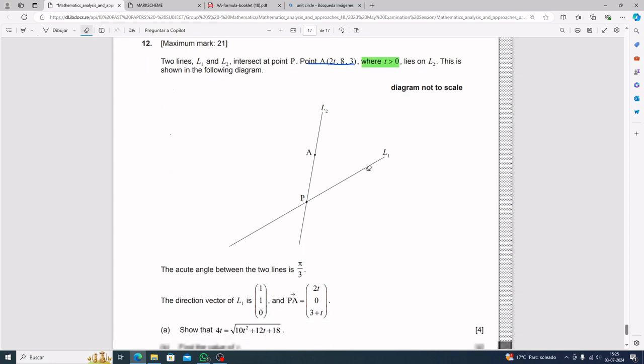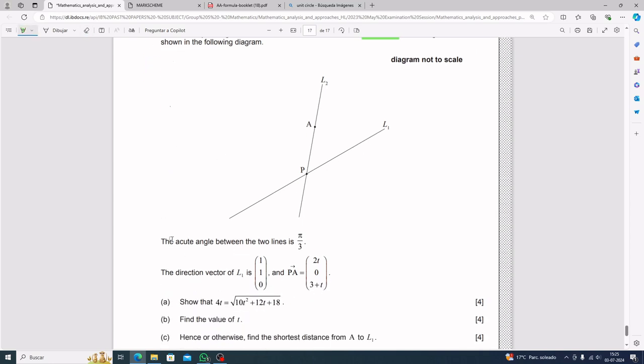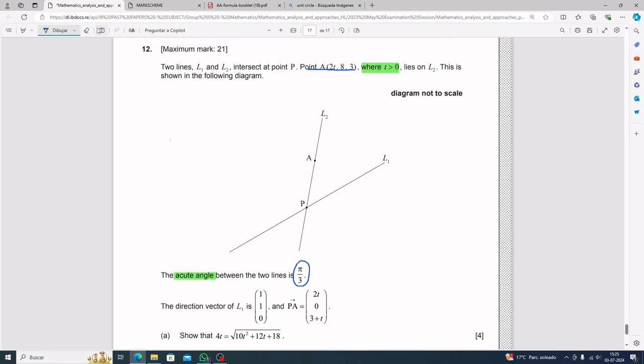So, they also tell us that the acute angle between the two lines is pi divided by 3. This is also a piece of information we have to go over. When you talk about angles, you usually have 3 types, or at least in this context. You have the acute angle, you have the right angle, and you have the obtuse angle. The acute angle is any angle that is less than 90 degrees.